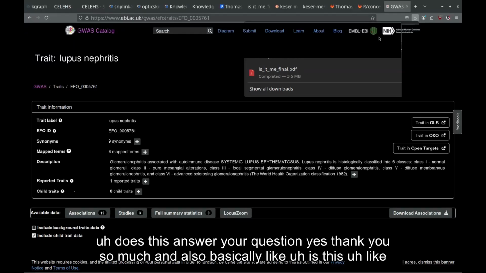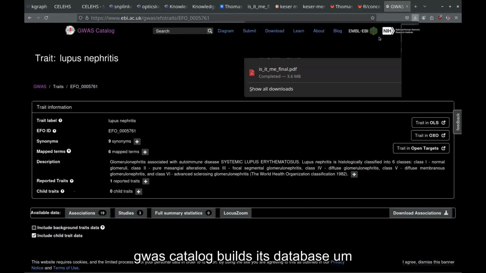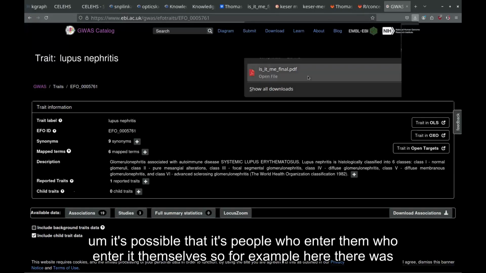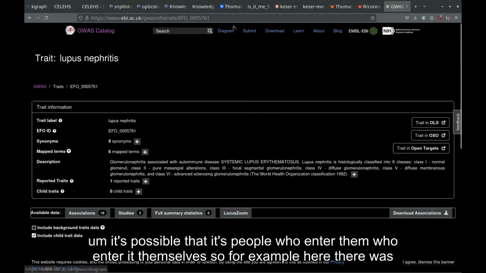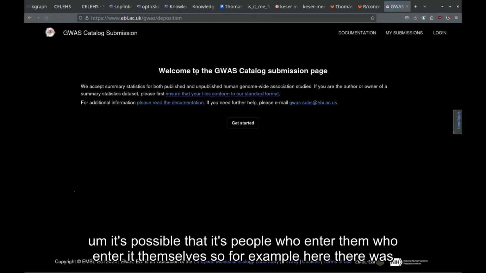And also, is this coming from PubMed, or is this related to PubMed, or what is it? So I'm not sure how the GWAS Catalog builds its database. It's possible that people enter it themselves.